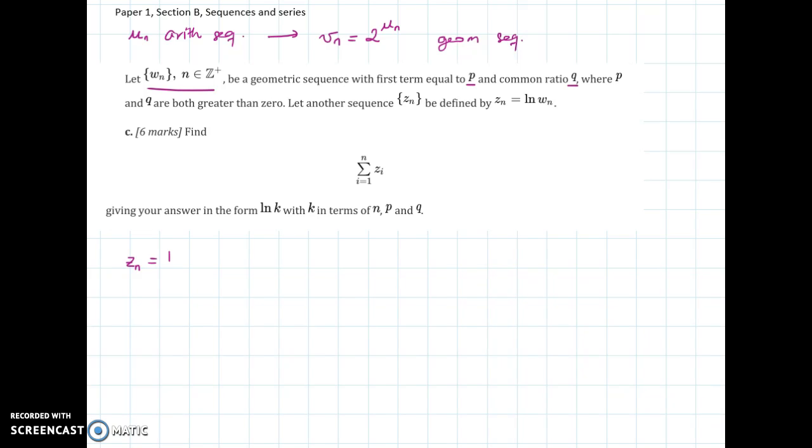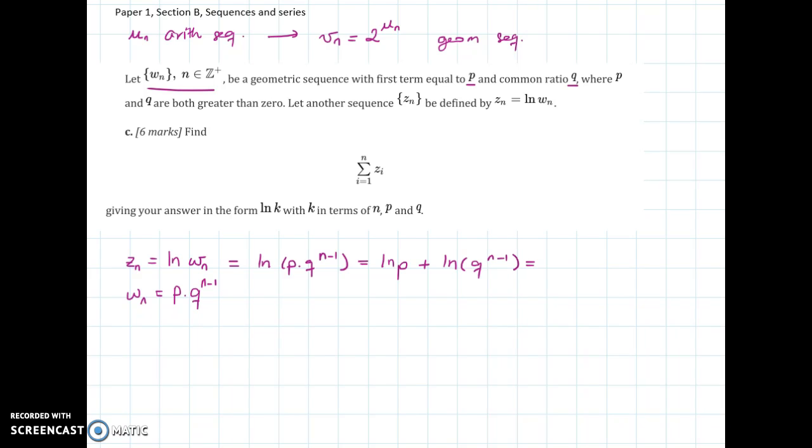So Zn is the logarithm of the term Wn, and we know Wn is geometric, so it's going to be p times q to the power of n minus 1. So we're going to have the logarithm of p multiplying q to the power of n minus 1. And that's the same as the logarithm of p plus the logarithm of q to the power of n minus 1, using properties of logarithms.